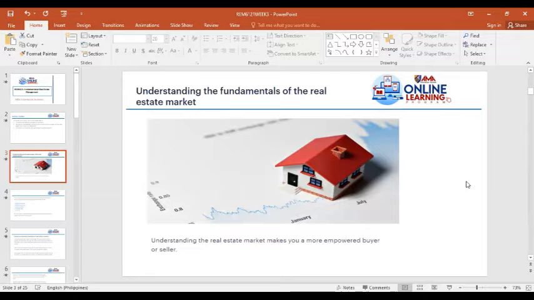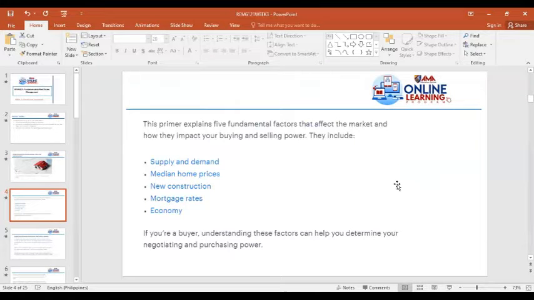So this is on how to understand the fundamentals of real estate. Understanding real estate makes you a more empowered buyer or seller.